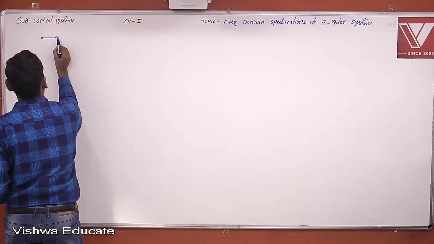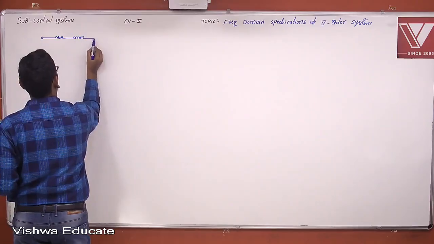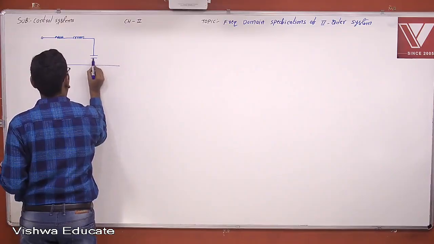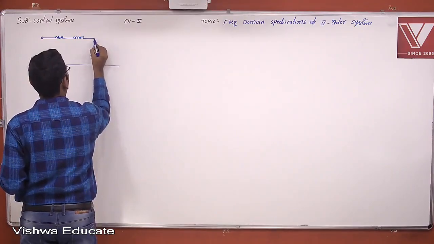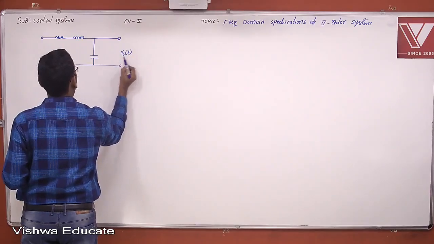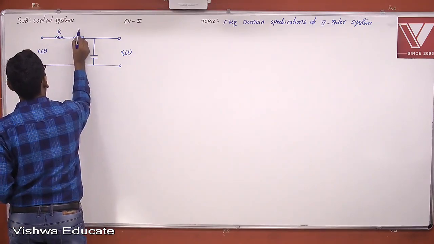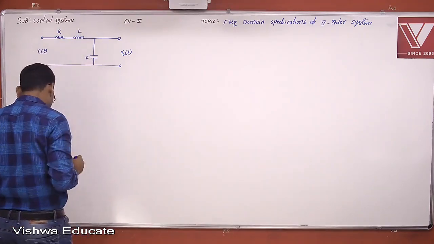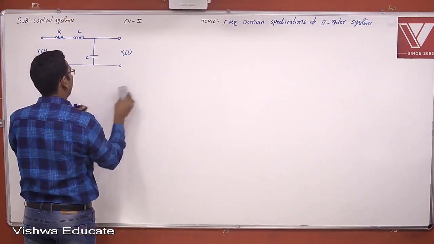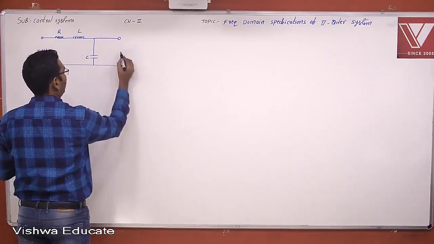Now, this is a practical second order system, which is a combination of practical elements. This is V naught of t. This is Vi of t. If you find the transfer function, we already found this in the transfer function analysis. What is the transfer function? Laplace transformation of V naught of t is V naught of s.